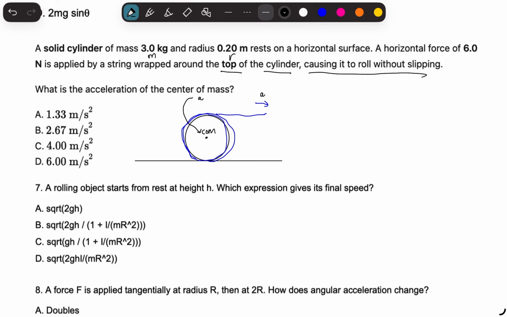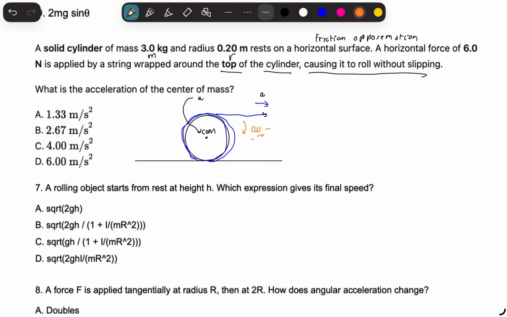Whenever you have friction, friction is going to oppose motion. Because this pull is going to pull the cylinder to the right, you are going to be turning your cylinder clockwise, and clockwise is equal to a negative torque.